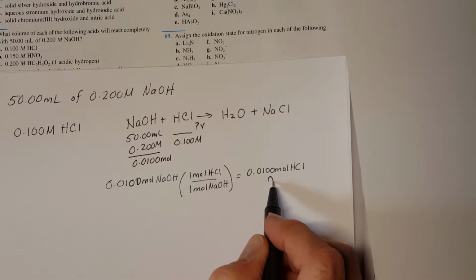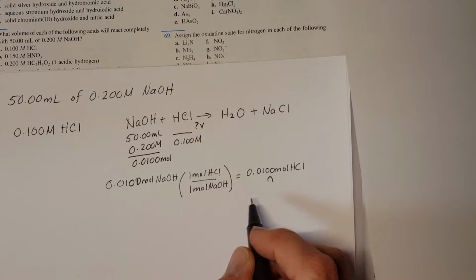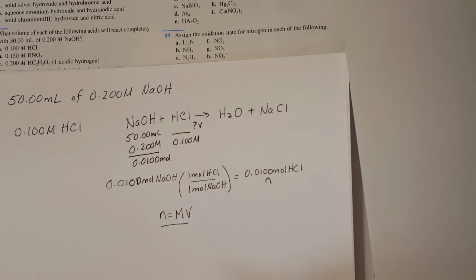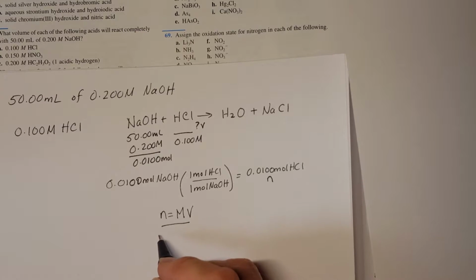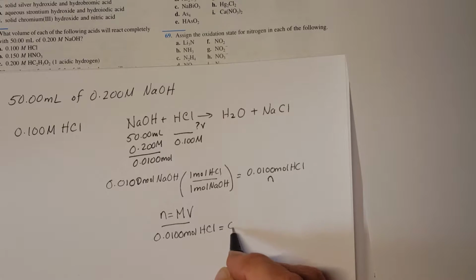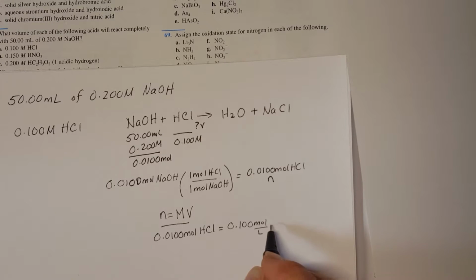So this is the number of moles. And the concentration, if we go back and use our molarity calculation, 0.0100 moles of HCl will equal the molarity times the volume.